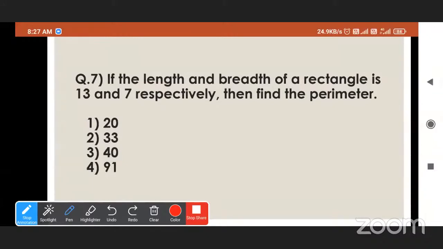We know the formula. Perimeter of a rectangle is 2 into length plus 2 into breadth. Here the length given is 13 centimeter and the breadth given is 7 centimeter.